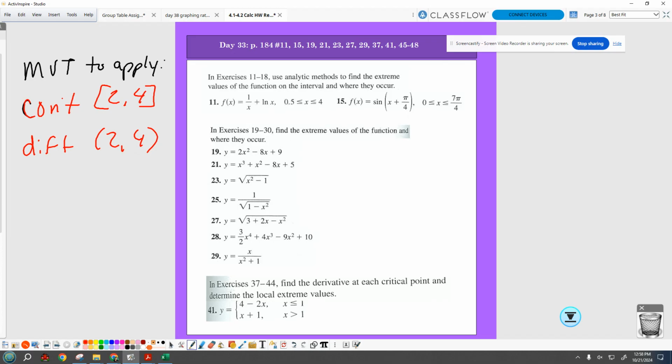And I have graded a few of these on the AP exam. Some students wrote down the definition of mean value theorem and said, you know, it's when it's continuous over A to B and differentiable over parentheses A to B, blah, blah, blah, but they didn't put in the specific numbers in the interval that the AP exam asked for. AP did not give them the point.